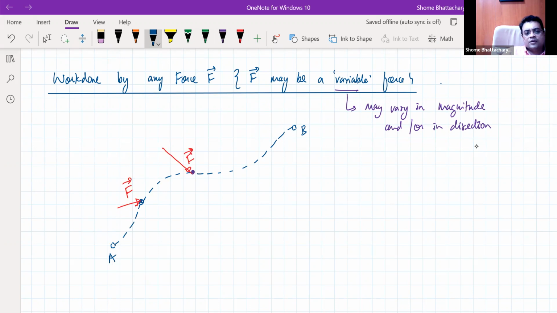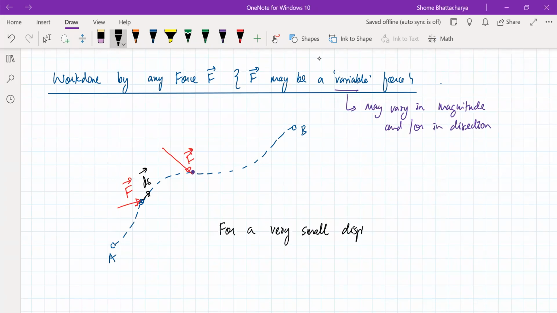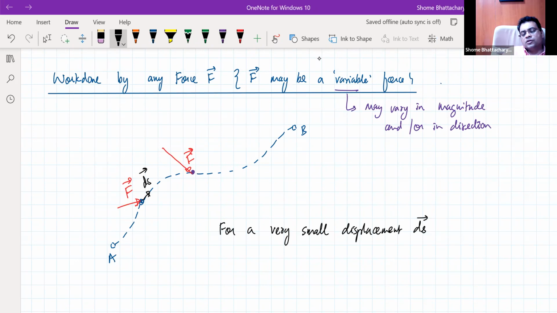So what we have to do to calculate the work done is that we have to first find out that during a small part of the journey, if the displacement is a very small value ds, okay, then for a very small displacement, ds, because it's a very small displacement, during that small displacement, the force is a constant value.